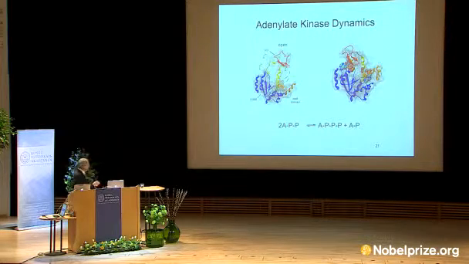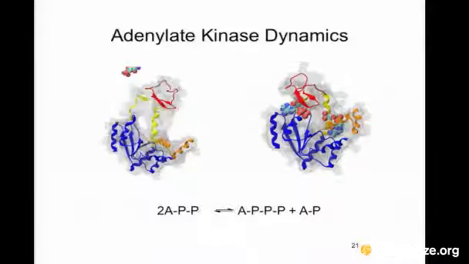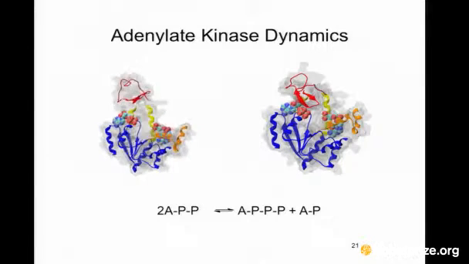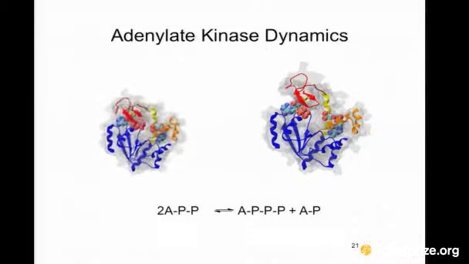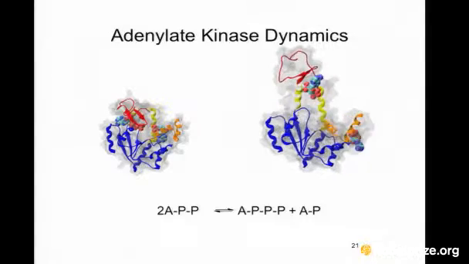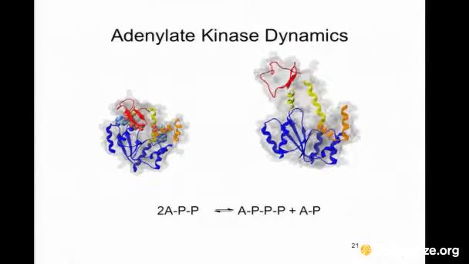And this is, again, a cartoon of what happens. As the two substrates come in, you have the open structure. It closes onto the substrates, and then over here is shown that the reaction takes place and the products go out. And it's an interesting point in this reaction and many others.